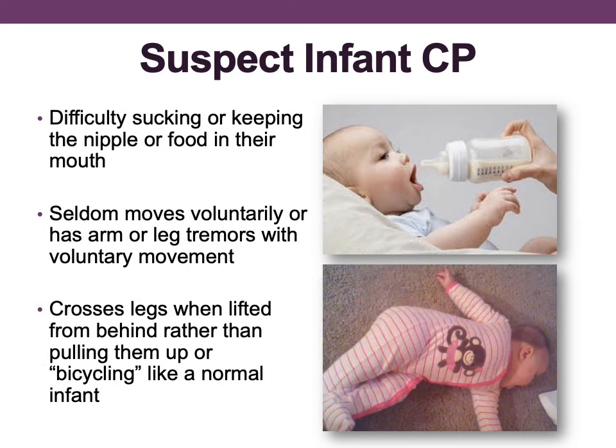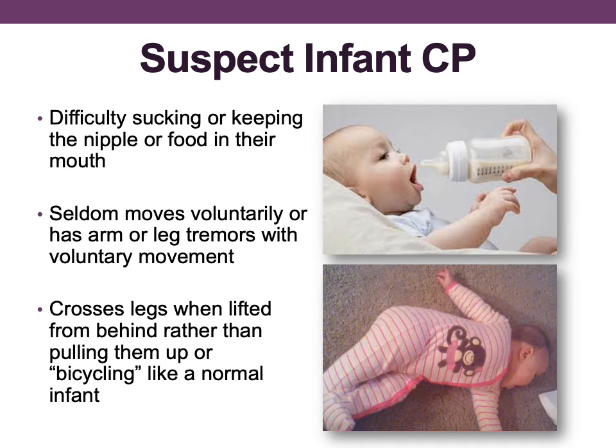One can suspect cerebral palsy in an infant for some other things that really aren't movement related as far as reaching a milestone, and one is difficulty suckling or keeping the nipple or food in their mouth. This is not like failure to thrive syndrome where the child doesn't want to eat. These children are hungry and are trying to eat.